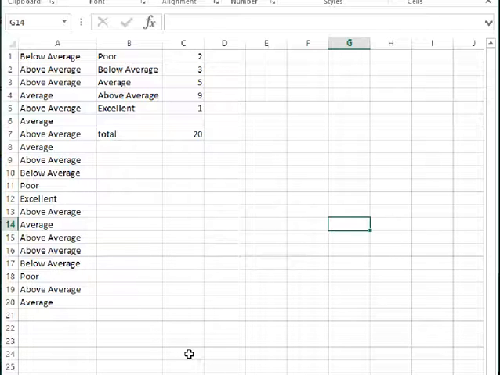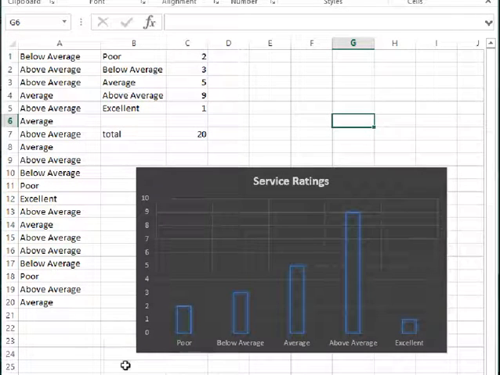With a frequency distribution, we can also do a graph. So here, this gives us an even quicker visualization of how we're performing in that particular restaurant. Again, this is a graph of a frequency distribution.